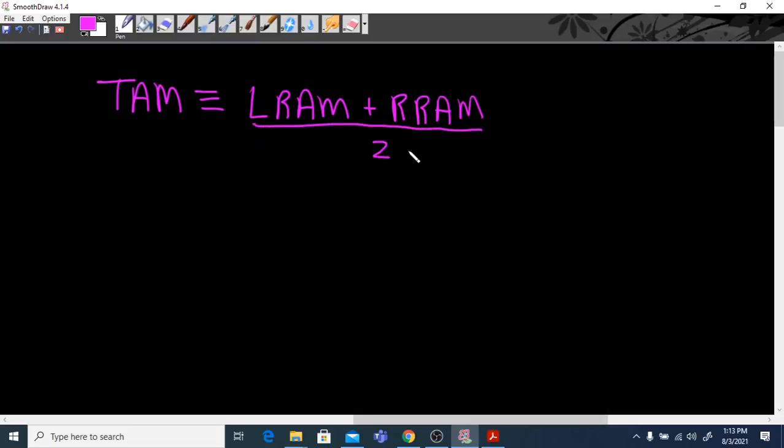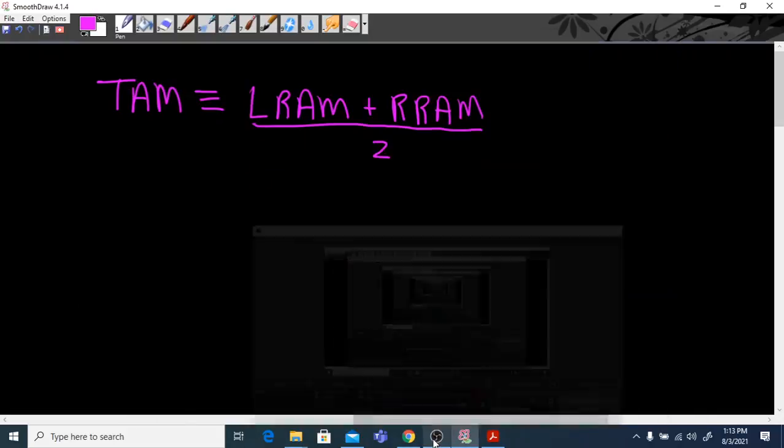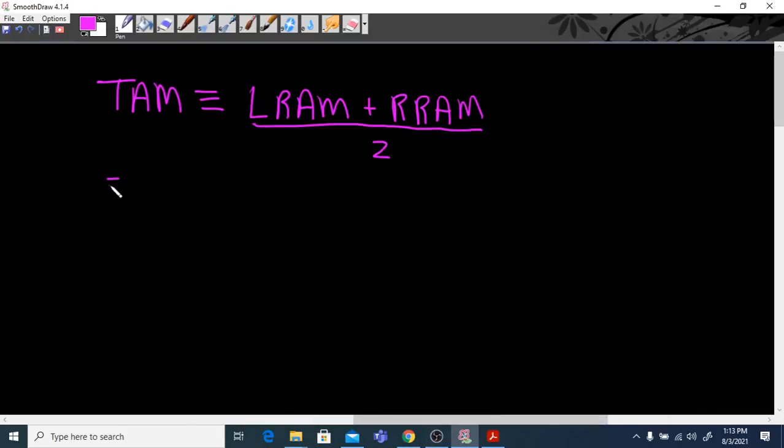The trapezoid approximation method, like I said, literally is the left rectangle plus the right rectangle divided by 2.